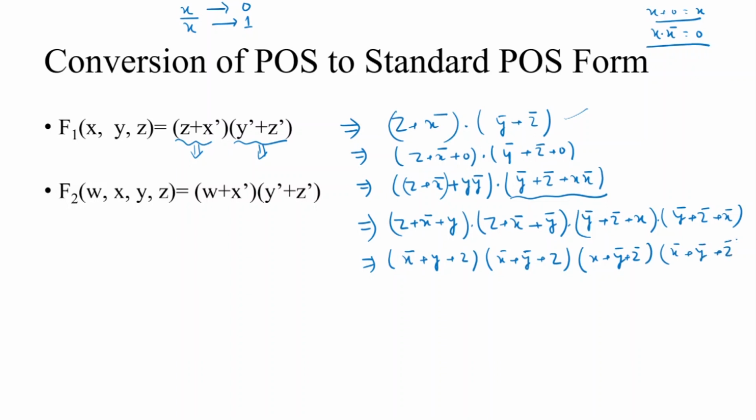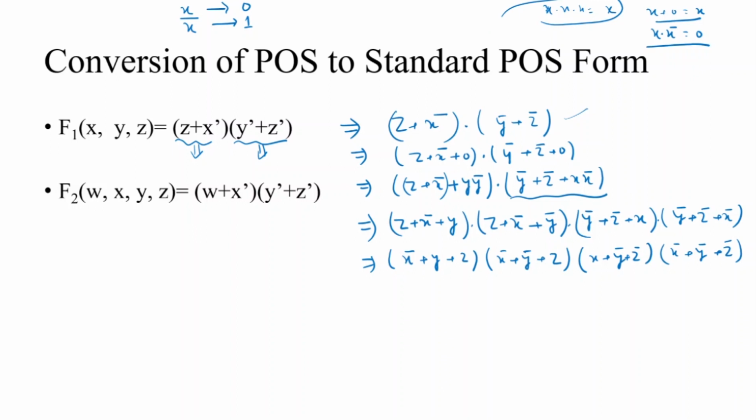When we convert a function into its standard POS form, it may be possible that one of the max terms is present more than one time. And we know that when any variable is multiplied, x into x into x, even n number of times, the result is the same as x.